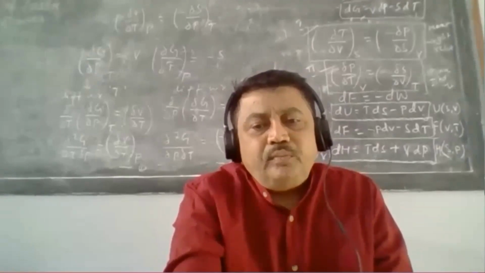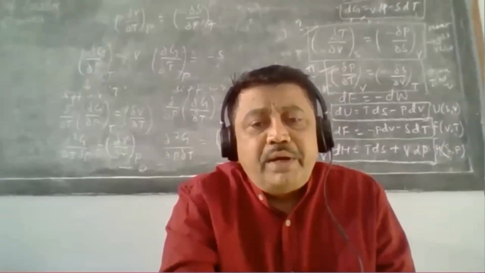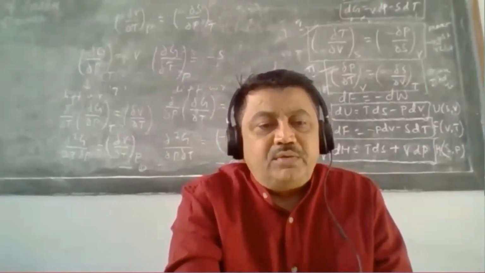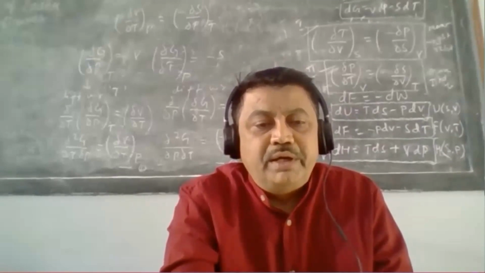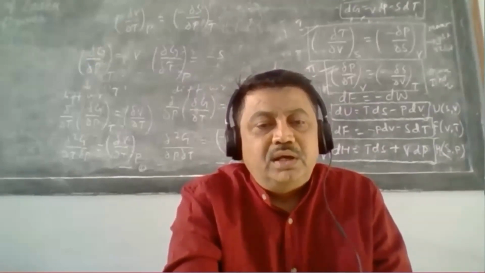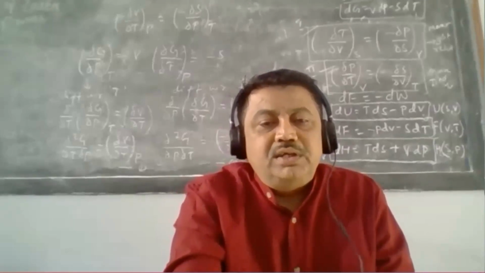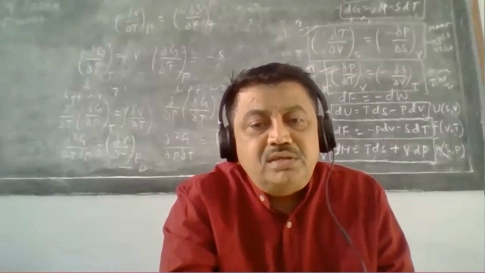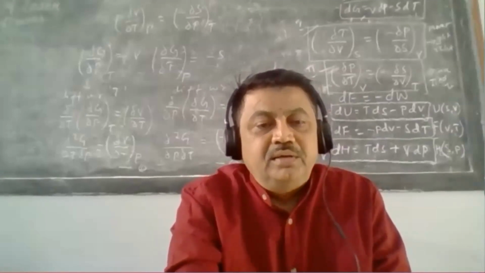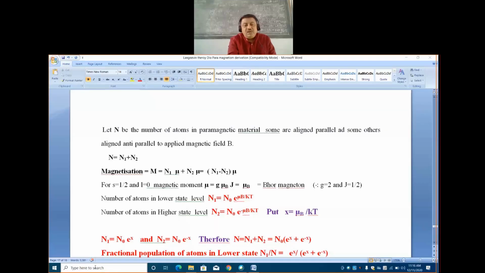So, put x is equal to mu B by KT. Then rewrite the equation. N1 becomes N0 e raised to x, because mu B by KT is equal to x, and N2 is equal to N0 e raised to minus x. Then N is equal to N1 plus N2. So, N0 is common.